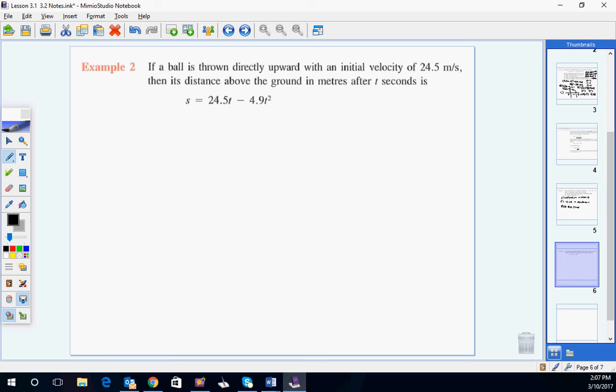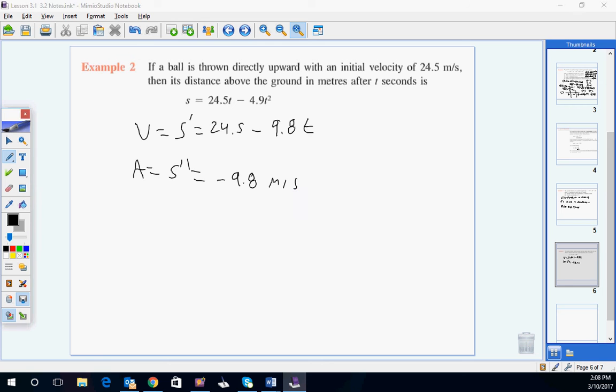Okay, so this is s, so we have to find s prime. Okay, and then our second derivative, so that's our velocity, our acceleration, is negative 9.8 meters a second squared. Okay. I want to make sure I don't have anything.